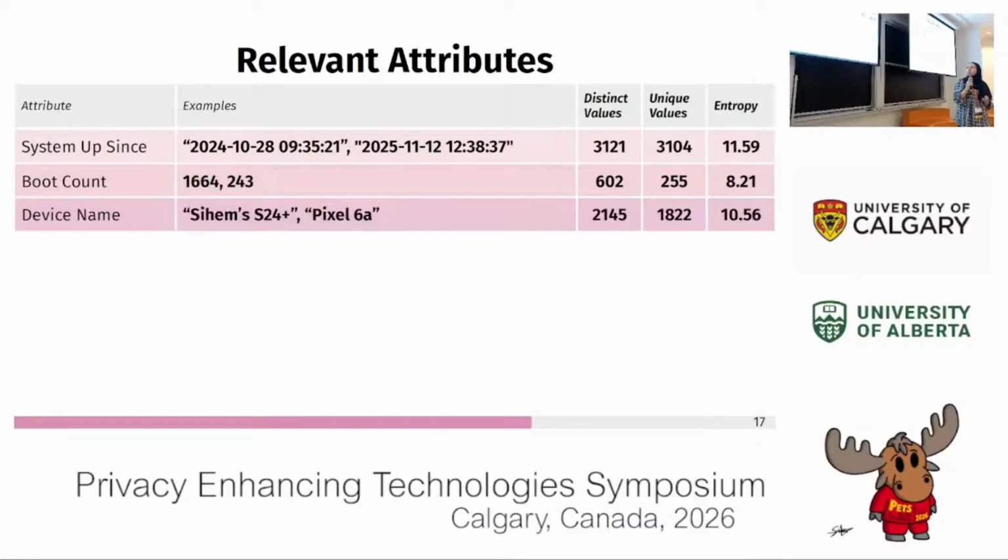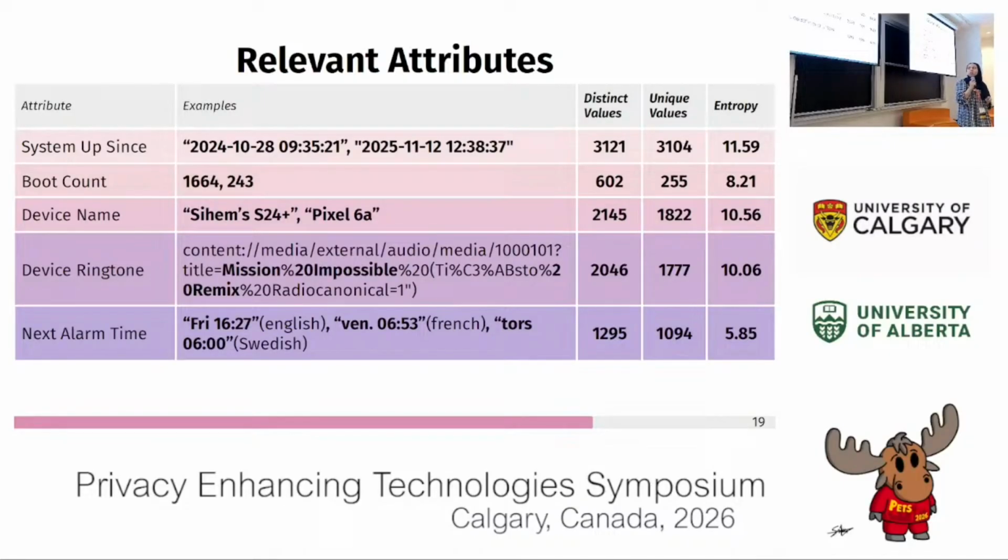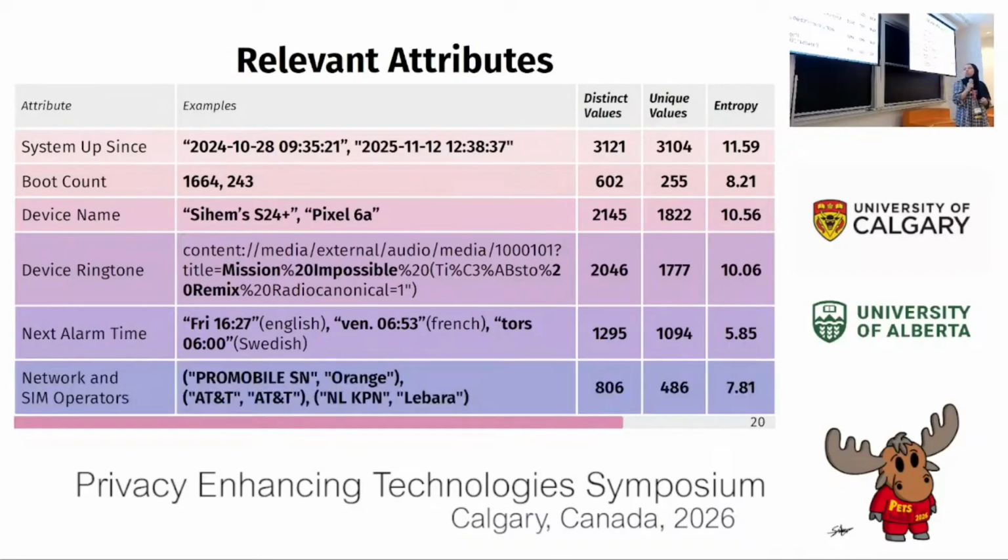And when customizing devices, like, for example, changing the device name or changing your device ringtone, you become more and more unique. Also, there are some attributes that leak some information about the user behavior or habits, like, for example, the next alarm time. And there are attributes that leak information about the network or the connectivity of the device.